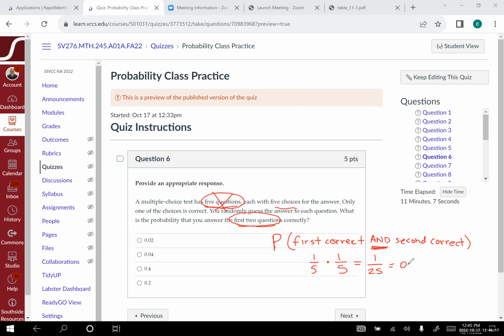So that's a 4% chance. If your plan is to go in and guess and get a perfect score, you have a 4% chance of doing that with only 2 questions. So that's not a good strategy at all.